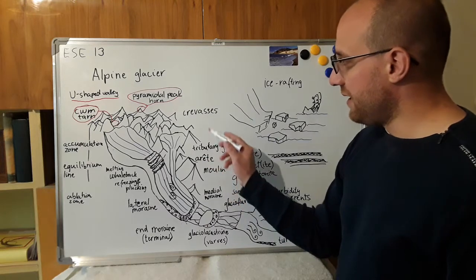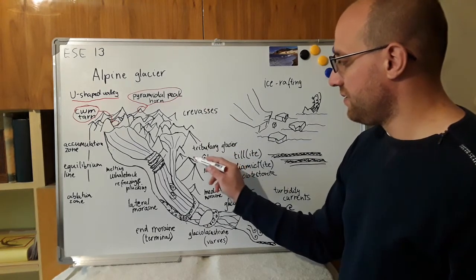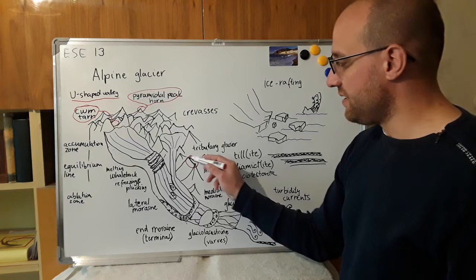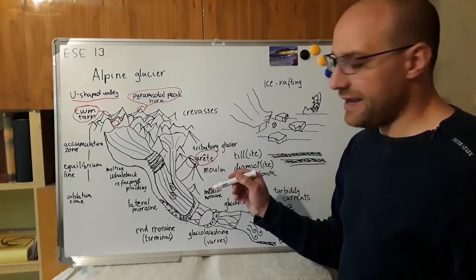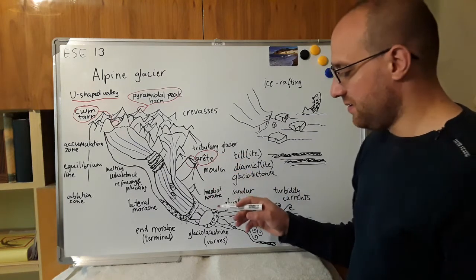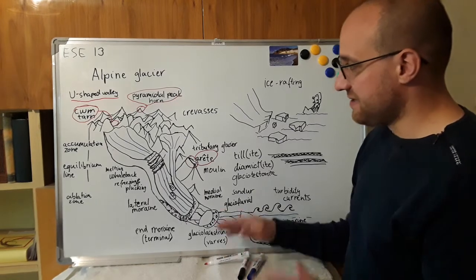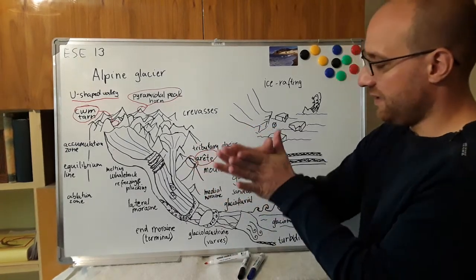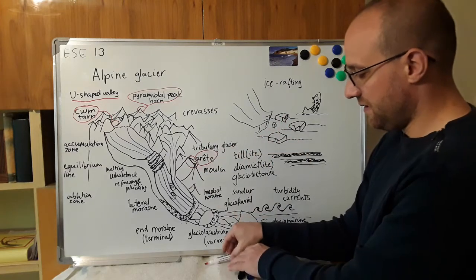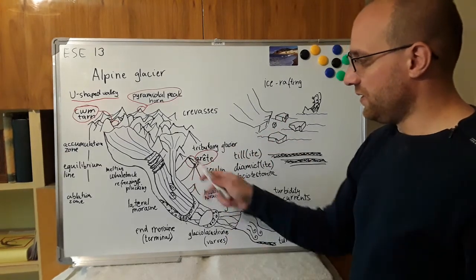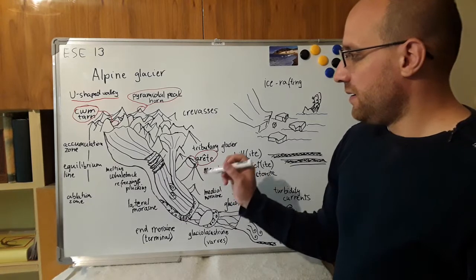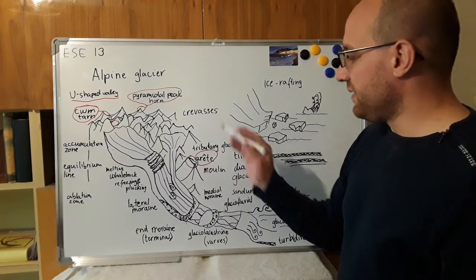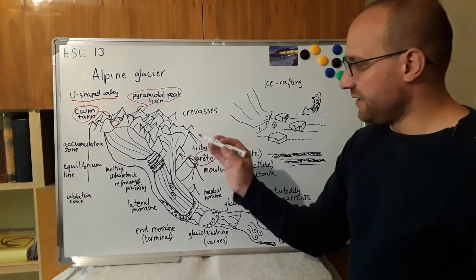Here I would also highlight in the first place, just speaking about the formations, the arête. So the arête will be that kind of ridge that connects the two pyramidal peaks. So that is this kind of ridge between the peaks.